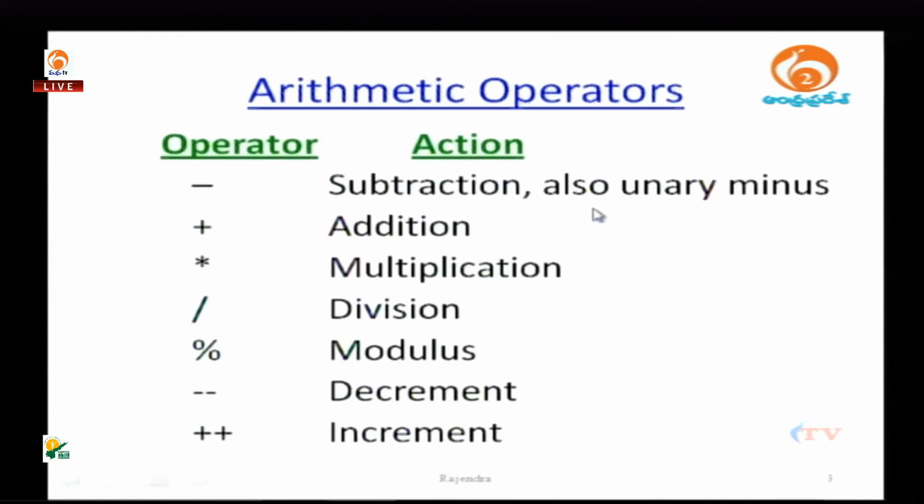One is subtraction, second one is unary minus. Next, the plus operator, addition. The star, also called asterisk, we use for multiplication. Next, division, modulus, decrement and increment operators. These are all called arithmetic operators.